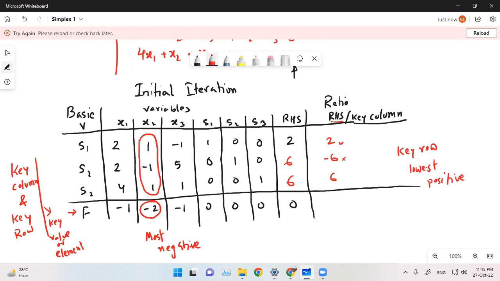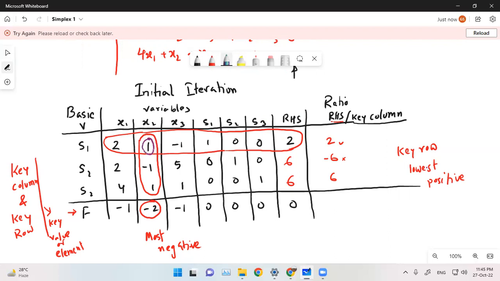So this is our key row. Ultimately, this is our key element.